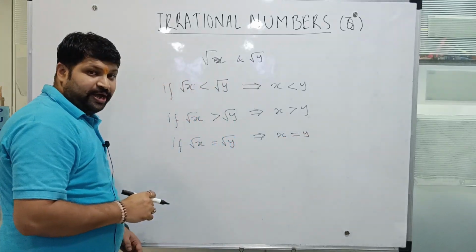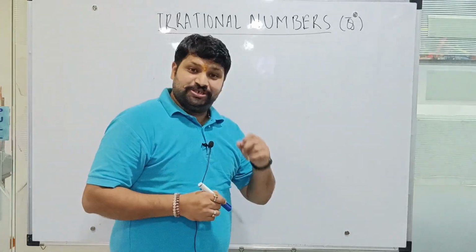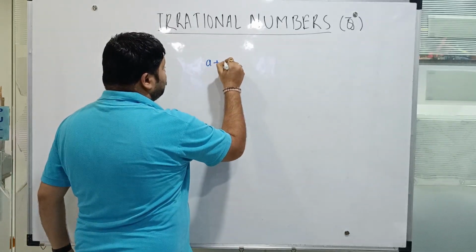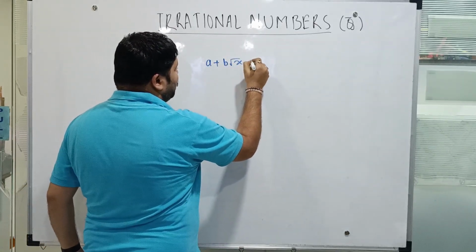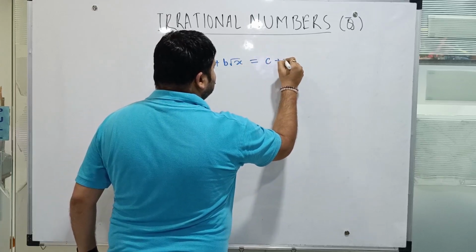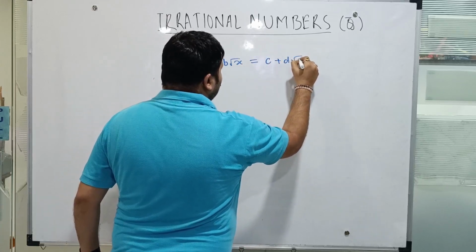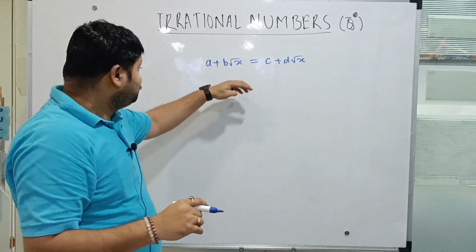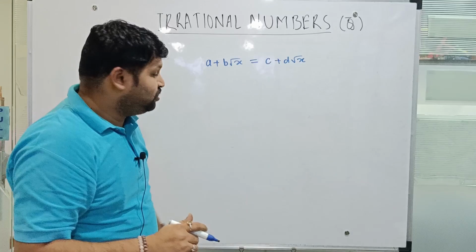Now, the second property is, if we have an irrational number a plus b root x and it is equal to another irrational number, that is c plus d root x. So this has both rational and irrational parts, but as a whole this number would be an irrational number.